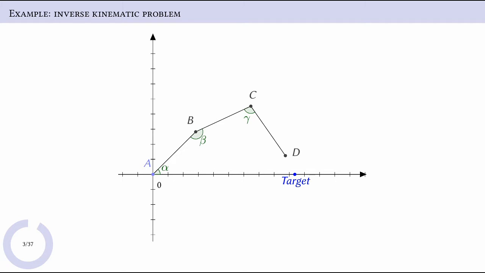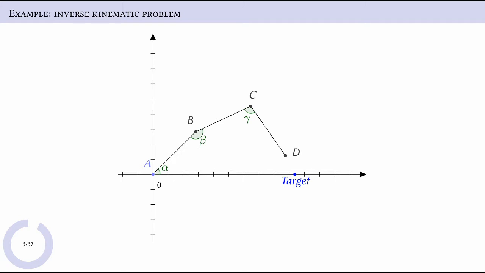There is some angle, or in the three-dimensional case a triple of angles, with respect to each of the canonical directions. Here, for simplicity, to make the picture easier to read, draw and grasp, I draw it in just the two-dimensional case, so there is just a single angle at each joint, and there is some target where the effector, this last point D, should be positioned.